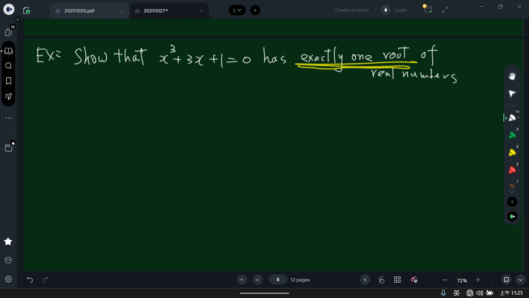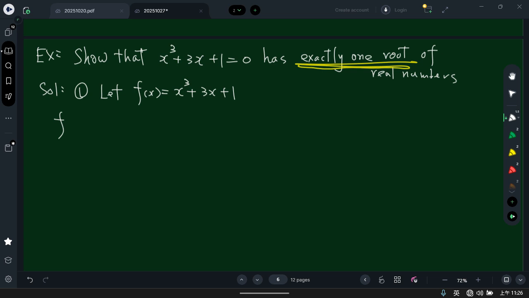So actually, for the beginning, it's the same as before when we used the intermediate value theorem. For example, if we let f of x is equal to x cubed plus 3x plus 1, then we can try to find some x which can make the function return a positive number.